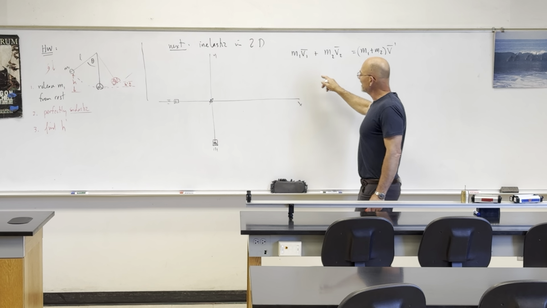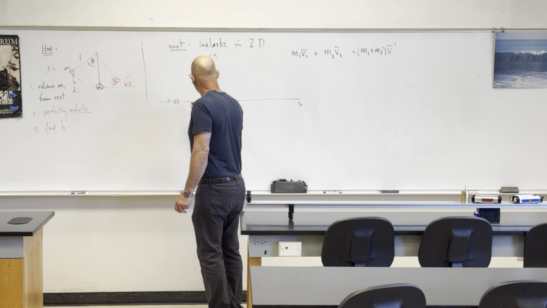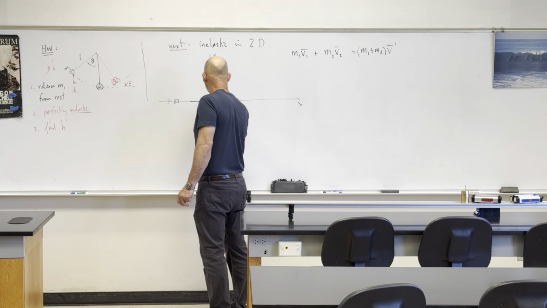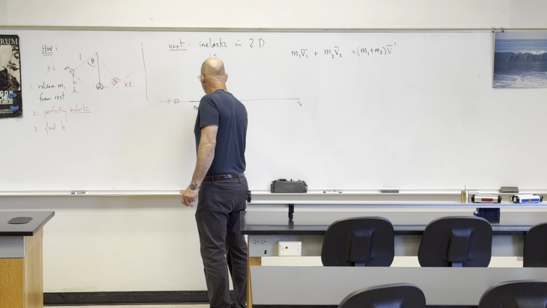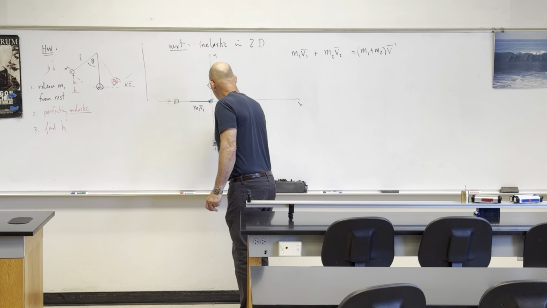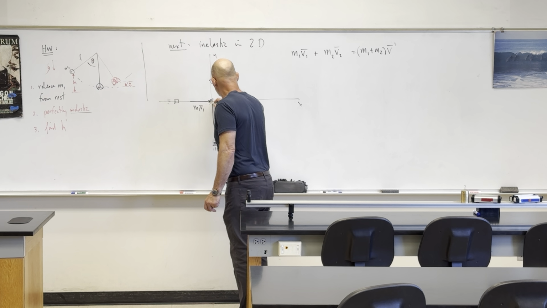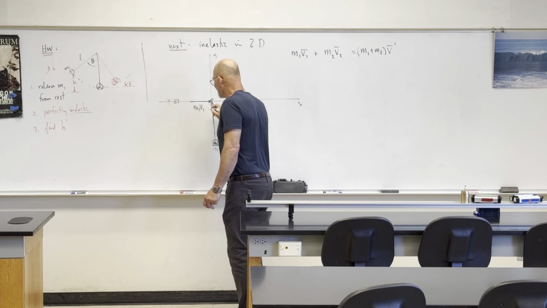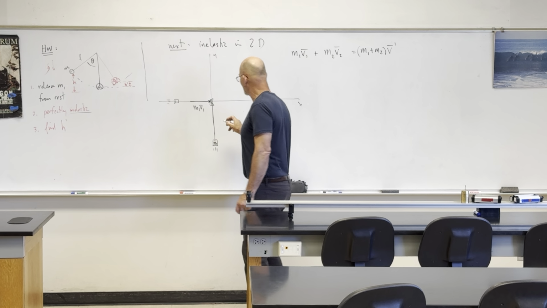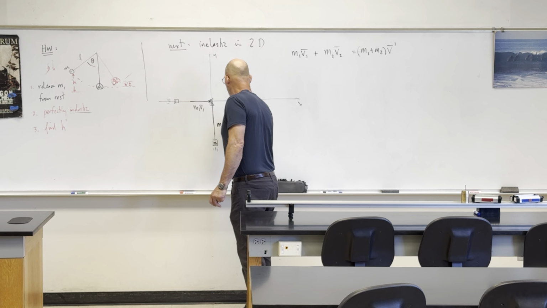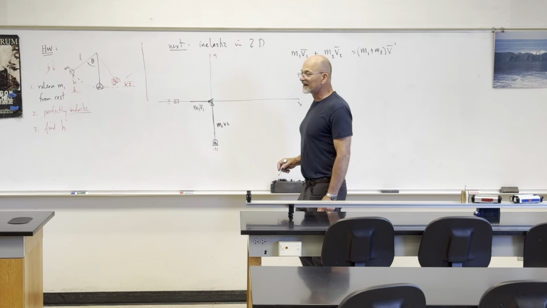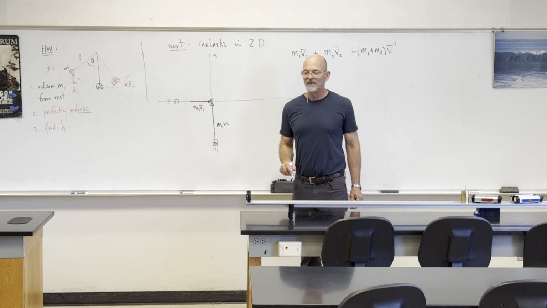And the nice thing about this, I'll just draw some vectors. So before the collision, we're going to have a momentum vector. And here I'll make this one longer, okay? So M2 is the bigger of the two. It doesn't have to be a bigger mass, right? The product of mass and velocity is bigger. This is M2 V2. So this is nothing more and nothing less than an addition of two vectors.